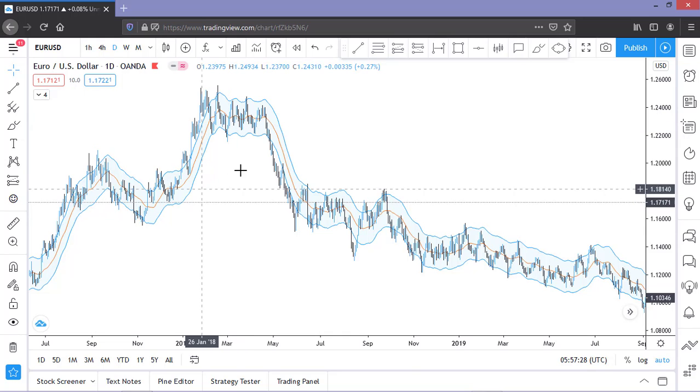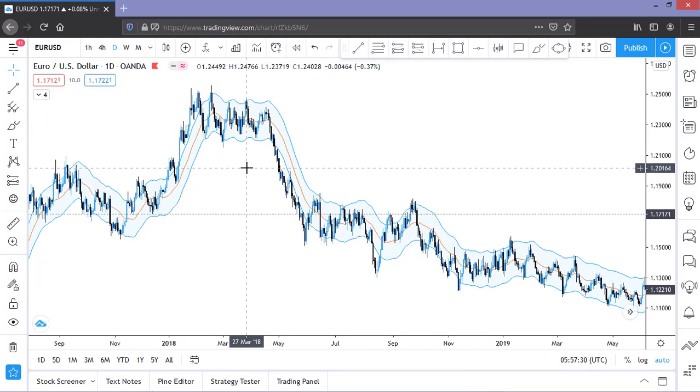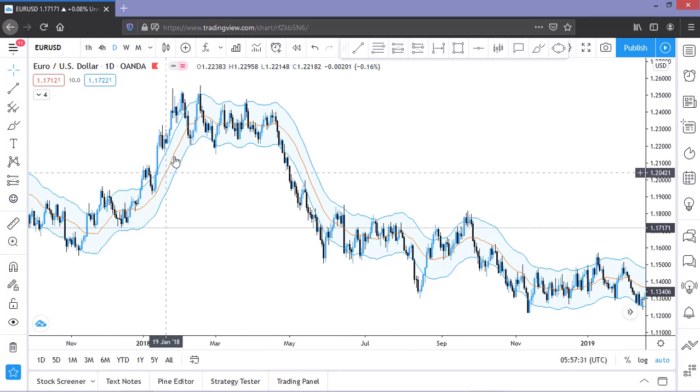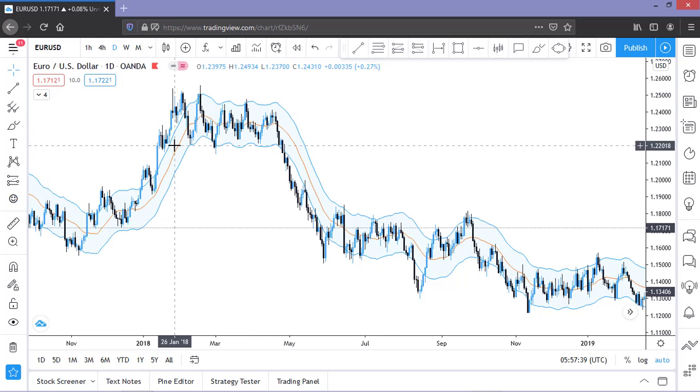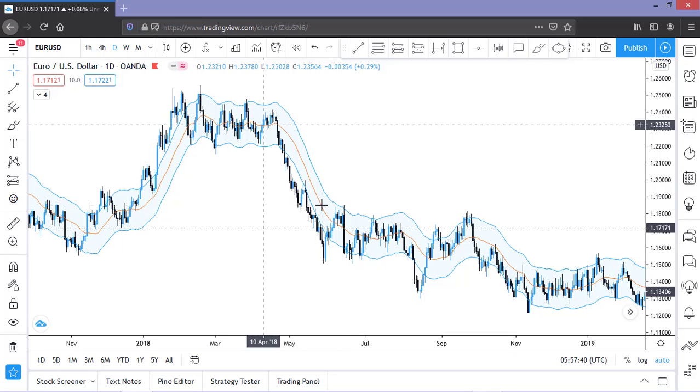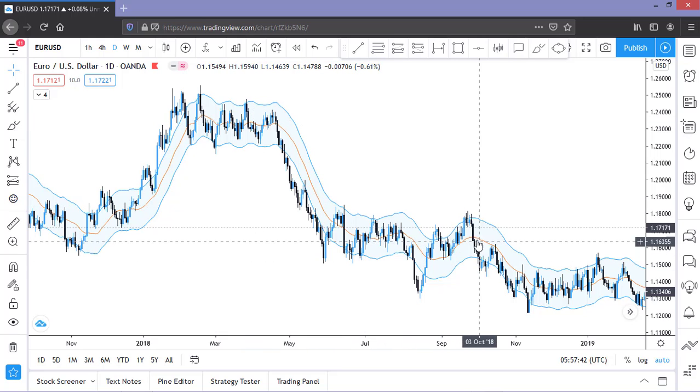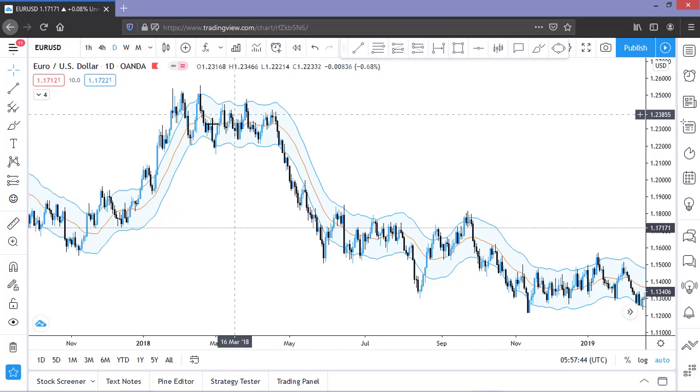Basically how you use it is, see this orange line within the blue line, they act as moving averages.